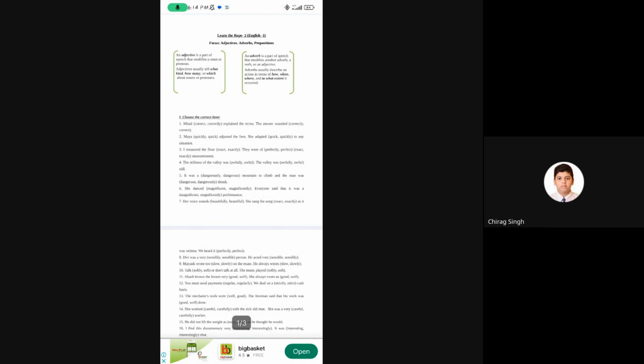Now let's look at the adverb part. What does an adverb qualify? It can qualify an adjective, right? Adjectives qualify noun or pronoun, and the same adjective can be qualified by an adverb. So that's the first element that an adverb can qualify. The second element that an adverb can qualify, which we all know, is a verb.